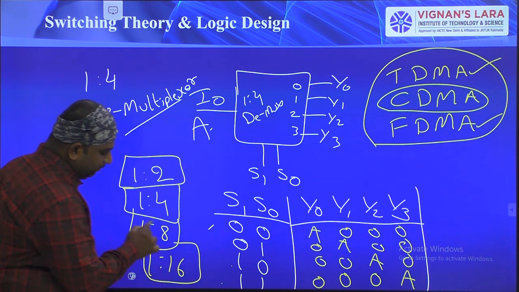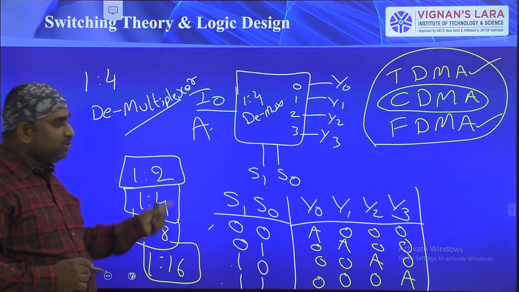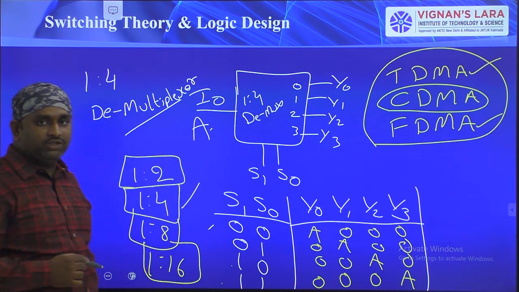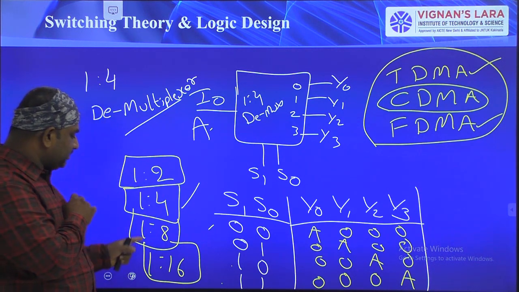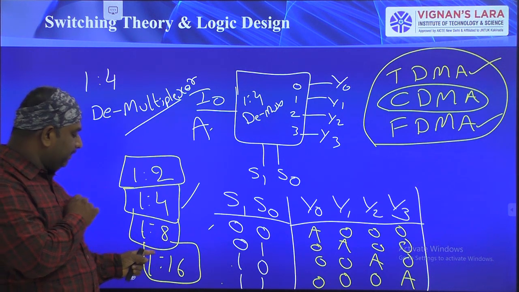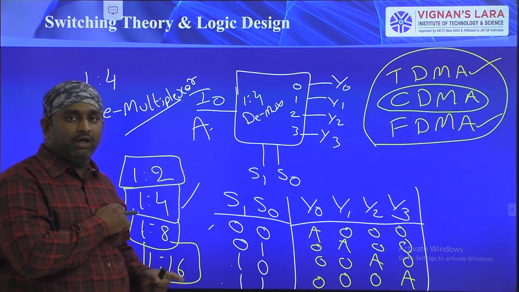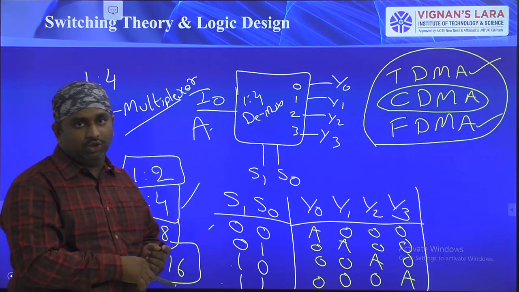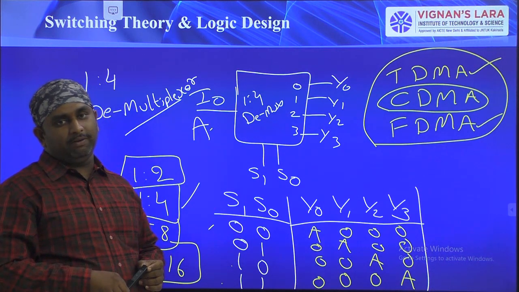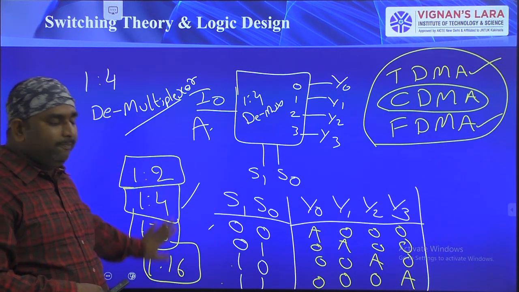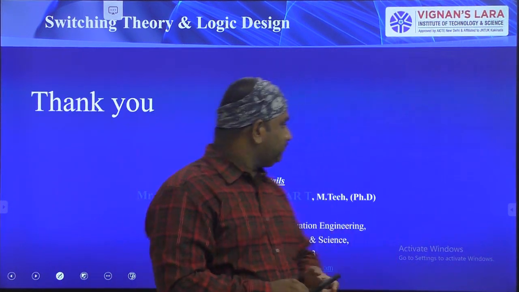At home you have to do the 1 to 2, 1 to 8, and 1 to 16 demultiplexers. You also have to implement higher order demultiplexers by using lower order demultiplexers. This is about the demultiplexer concept.